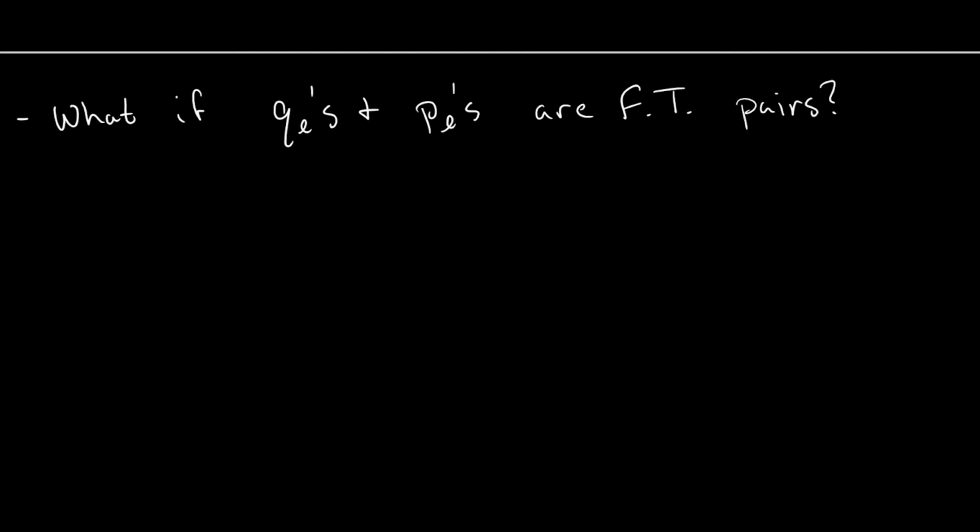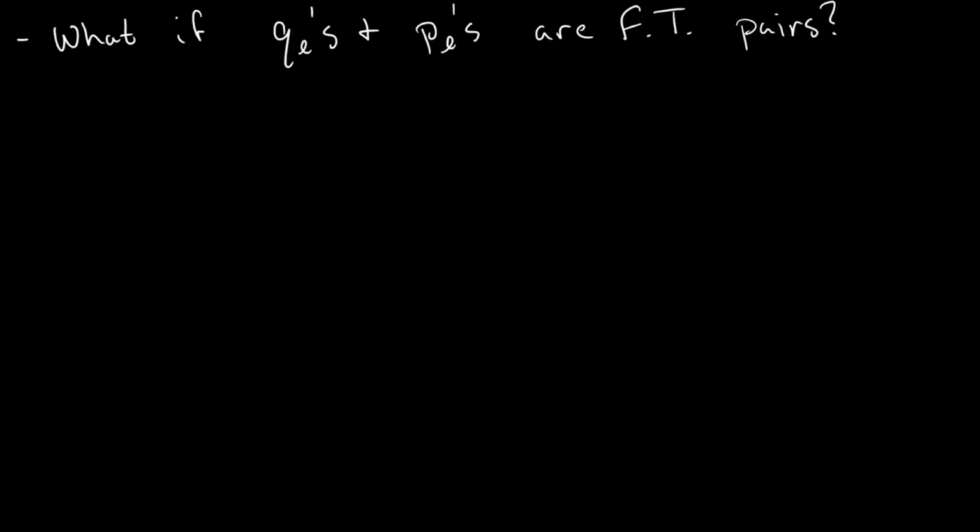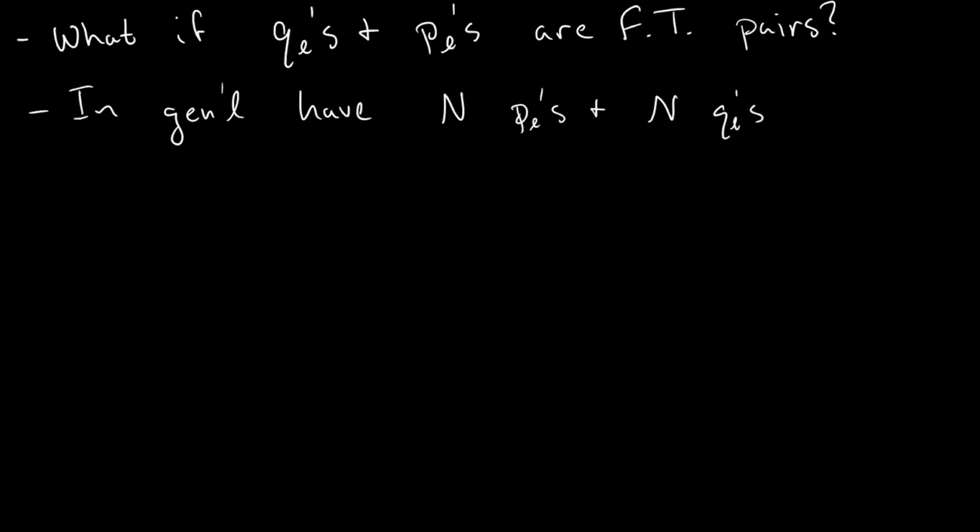So, let's write it out, keeping in mind that in general we have n P's and n Q's. In this case, I can write some function of Q, which again I'll keep calling psi, as my integral over all of my P's.